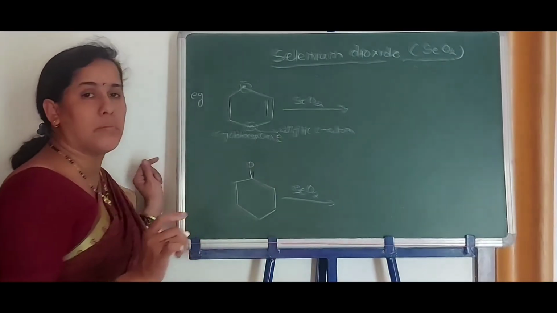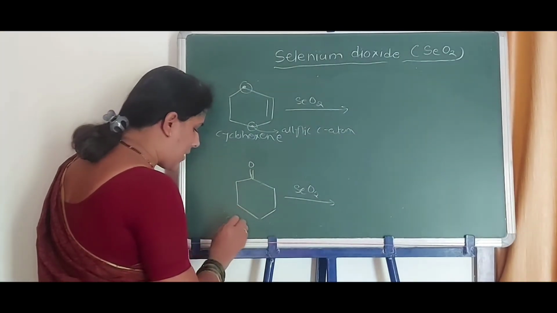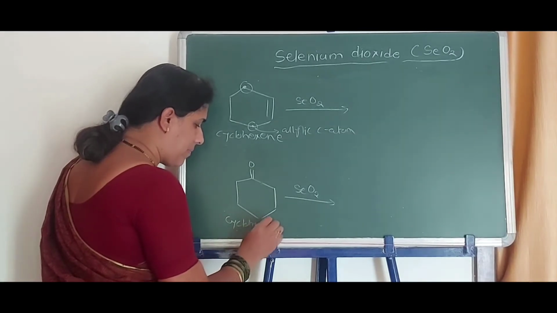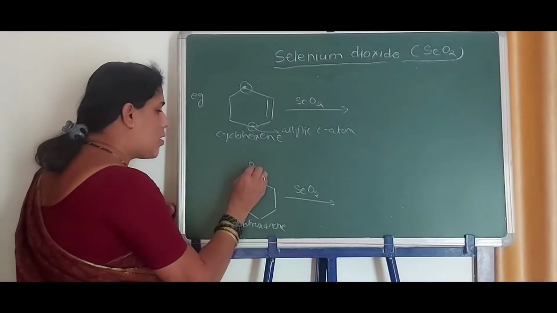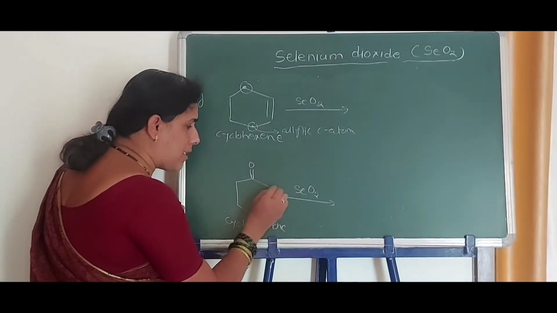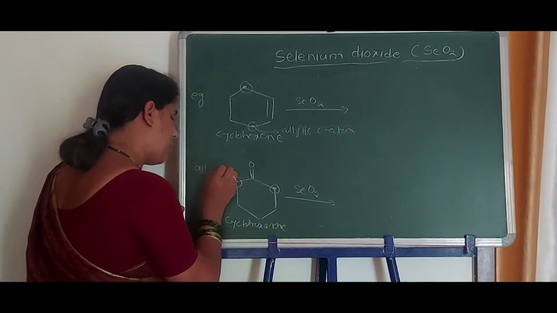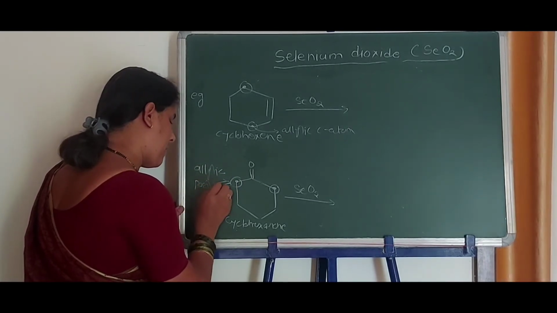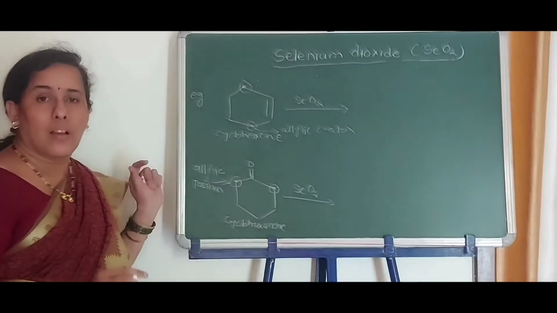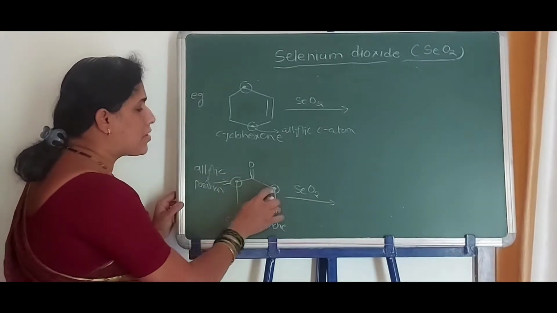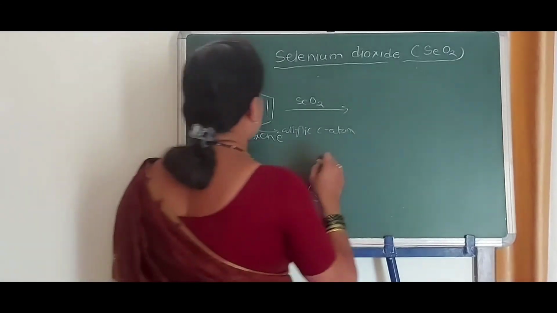And that carbon atom is oxidized to a C double bond O. Here in the example of cyclohexanone, which position is called the allylic position? The CO group is adjacent to which carbon atom? That is on this carbon atom, this side or this side. This is called the allylic position. One of the positions gets oxidized, because we have taken 1 mole of selenium dioxide.